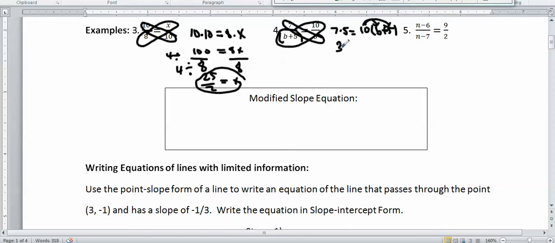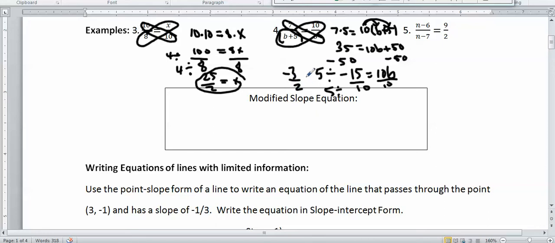So I get 35 is equal to 10b plus 50. Okay, and then I want to solve for b. So subtract 50 from both sides. Get negative 15 is equal to 10b, and then divide both sides by 10. I can't simplify this nicely, so I just have to reduce it. So it's going to be divide both things by 5. Negative 3 over 2. So my final answer is b equals negative 3 over 2.